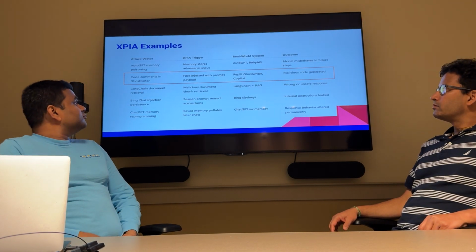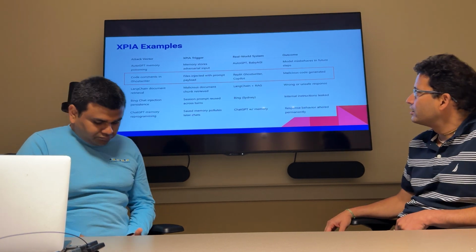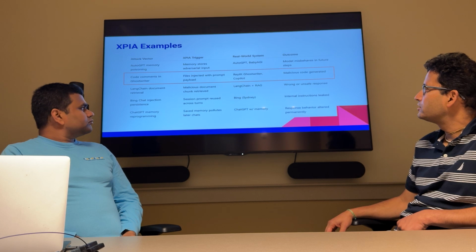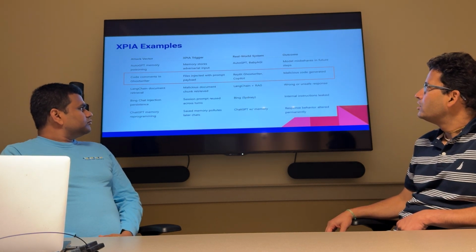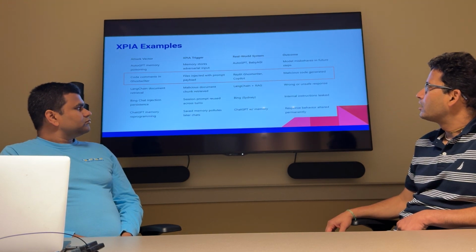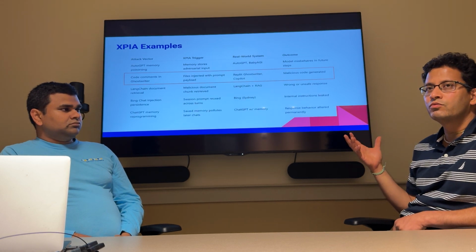We have some examples here from different real-world systems like AutoGPT, LangChain, Bing, and ChatGPT. One of the attacks highlighted in the red box is related to files injected with a prompt payload. This is very similar to what we are trying to show today.